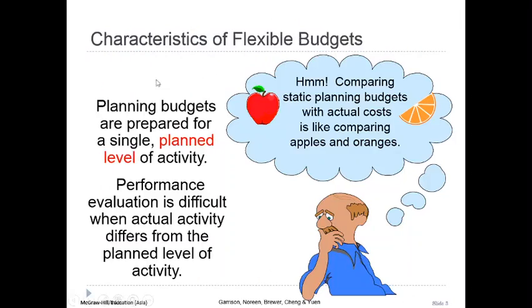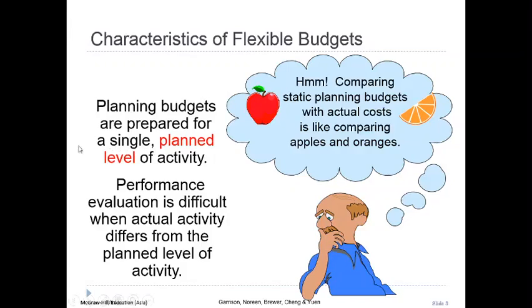Okay, so planning budgets are prepared for a single plan level of activity. This is what you have prepared in the previous chapter, whereby we have a targeted sale, targeted production, how many raw materials should be purchased, and so on. Those budgets are set at a fixed number that we have targeted.